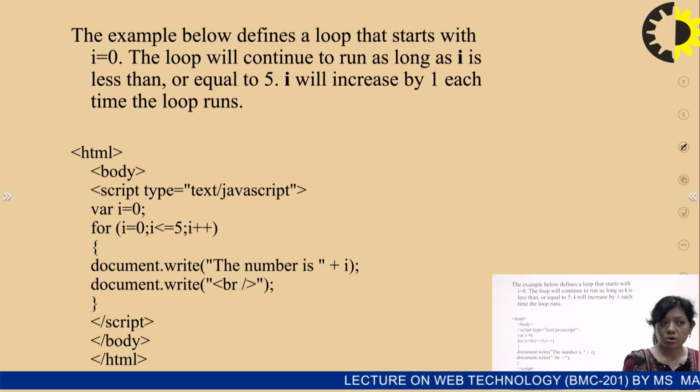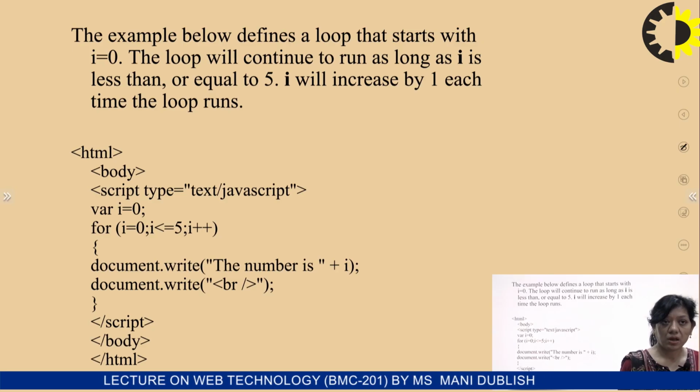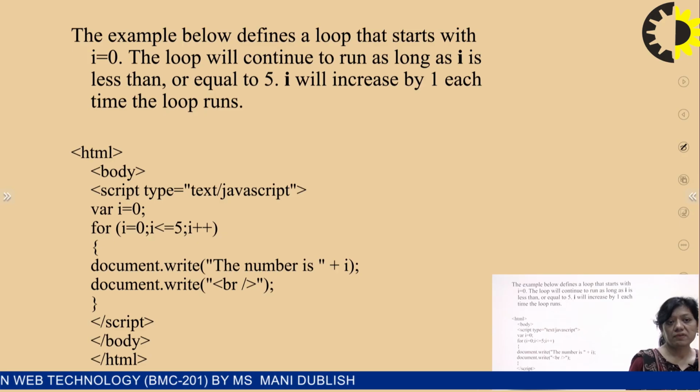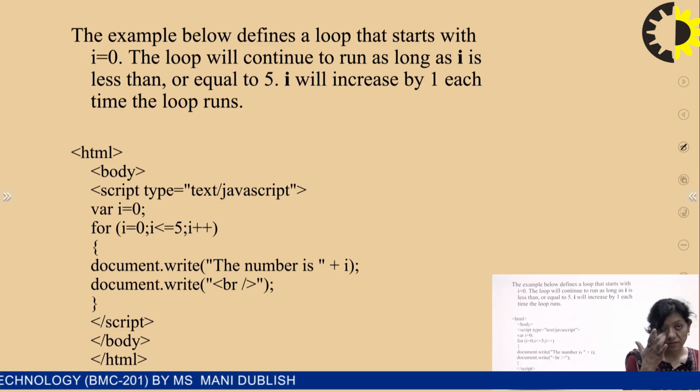Then in document write I am going to print the value of i, which would be 0. Then the loop starts again, so the value of i would be 1 next time. Again the condition is checked, 1 is less than or equal to 5, the condition is true. Then again the value of i is printed, which is 1.